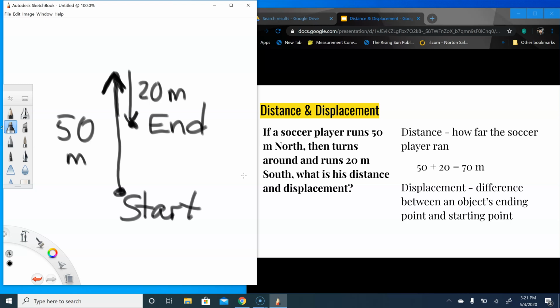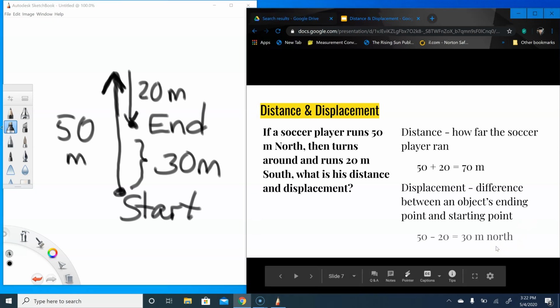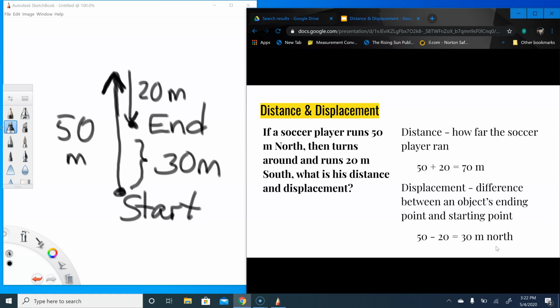And if the soccer player came back 20, it means this area right here must be 30 meters. And that is your displacement. You also could have subtracted the 50 minus 20, whichever works for you. Okay, so we've got 30 meters.